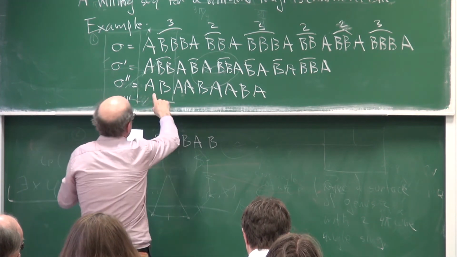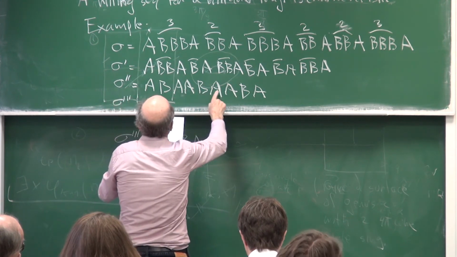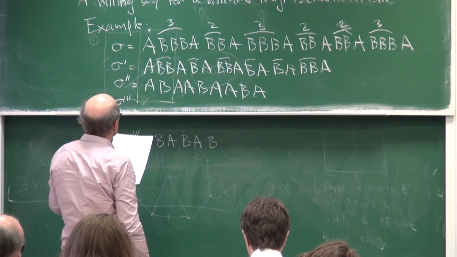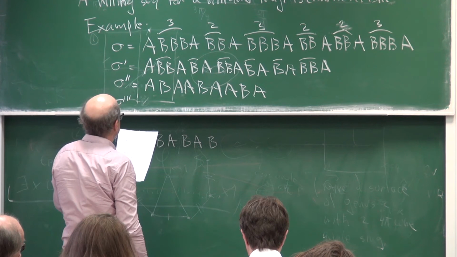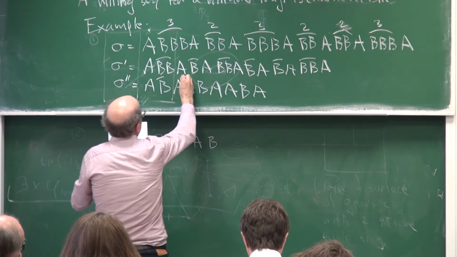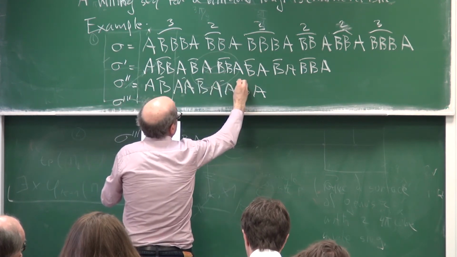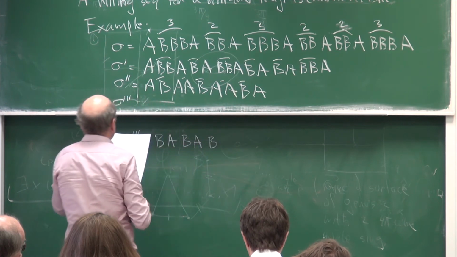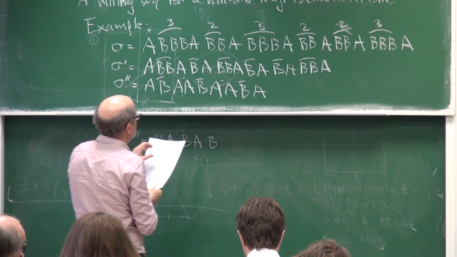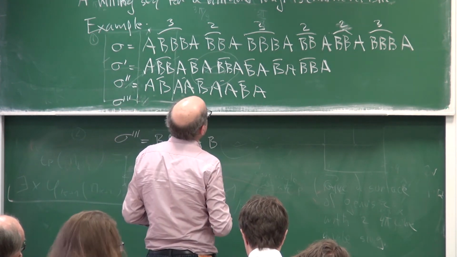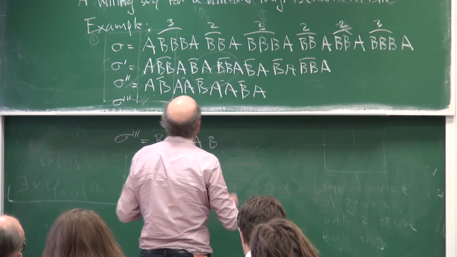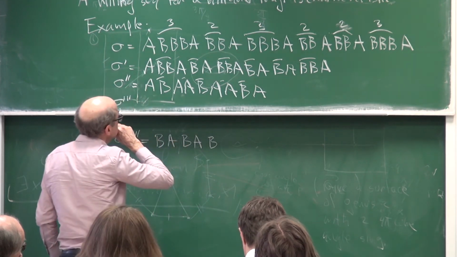So we have A, B, A, B, A. There should be another A in the last group of A's.